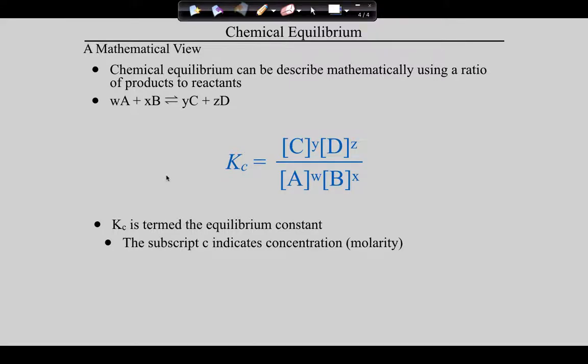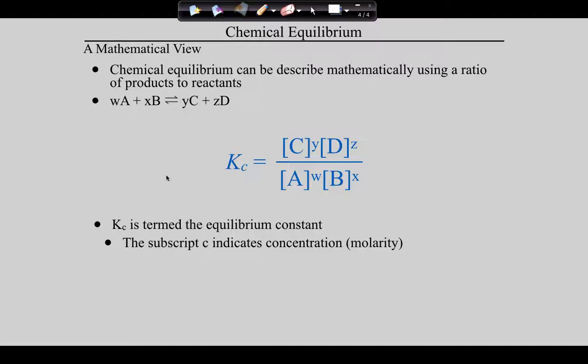So guys, K is the equilibrium constant. The fact that we're adding C to it means that it's an equilibrium constant relative to concentration. Guys, we're going to deal with pressure in this unit.